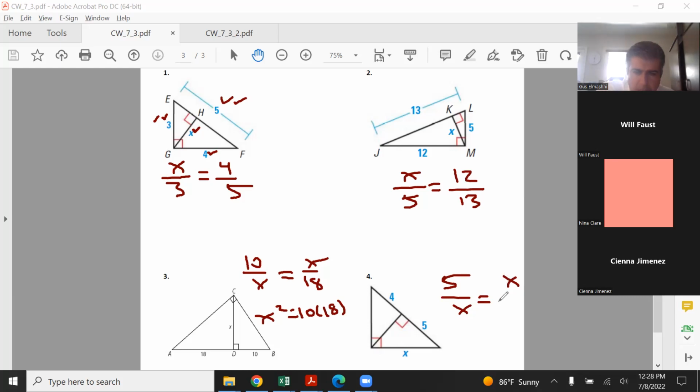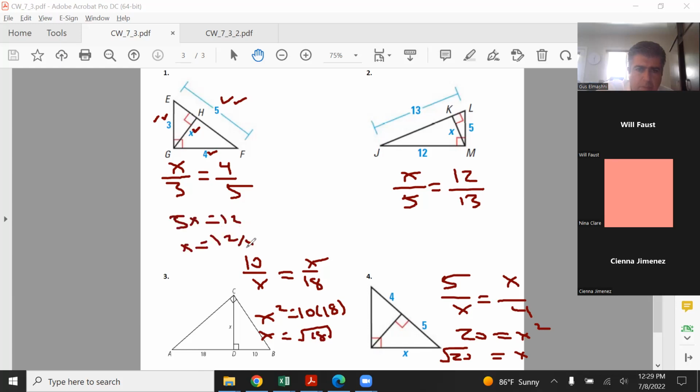Yeah, I believe that's right. So you see x is root 20 here. X is root 180 here. 5x equals 12, x is 12/5. And 13x equals 60. X is 60 over 13.